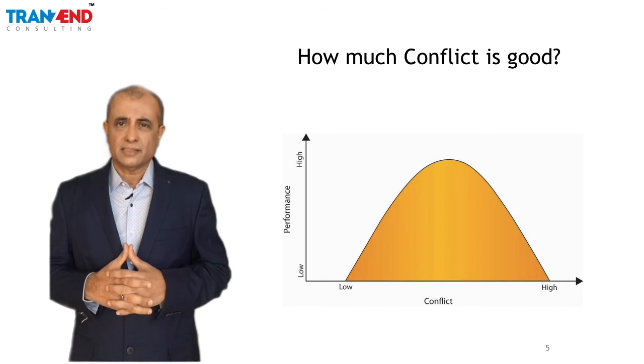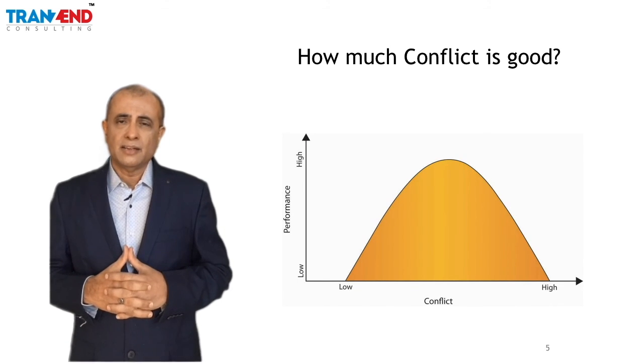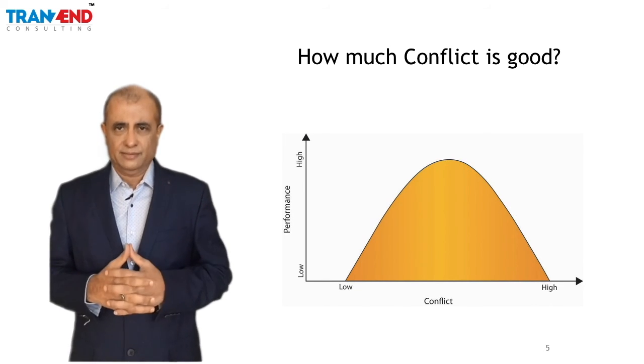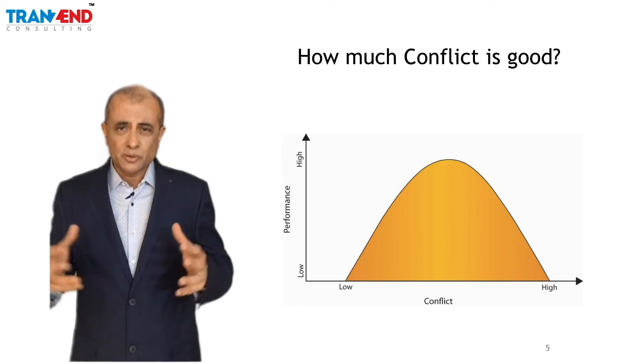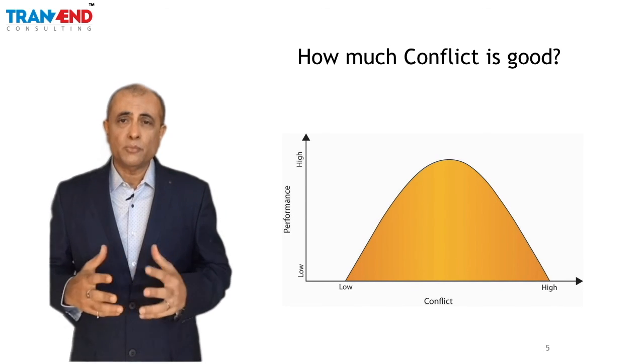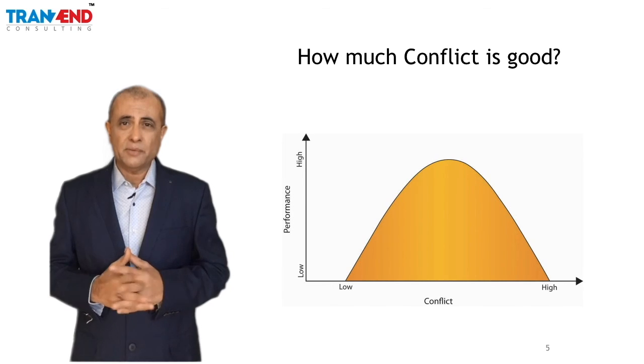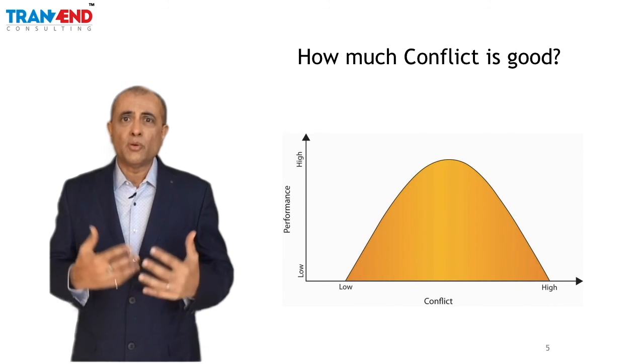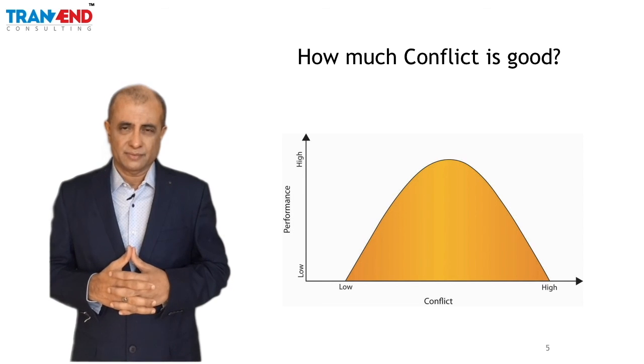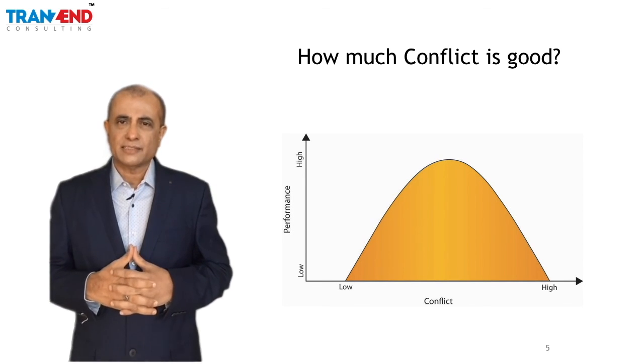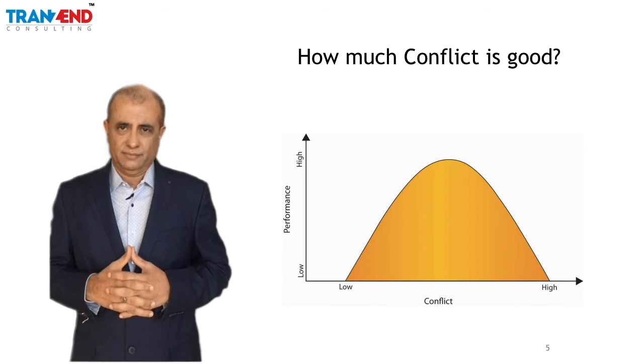So conflicts, if managed well, are actually an adhesive that brings the team together and makes it more productive. The team can deliver more once it has resolved a few conflicts which have come up. So conflicts are important, they are useful.